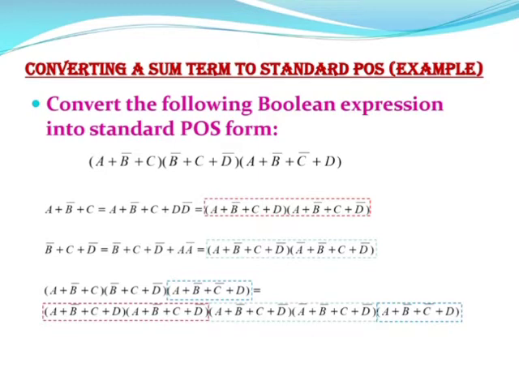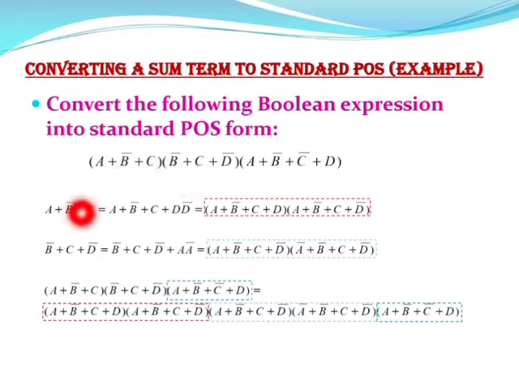Next, we can do one example. Convert the following Boolean expression into standard POS form. Here there are 3 terms: A plus B bar plus C, then A plus B bar plus C plus D bar, and A plus B bar plus C bar plus D. Here this last one is perfect because all the variables A, B, C and D are present. Here D is missing and here A is missing.